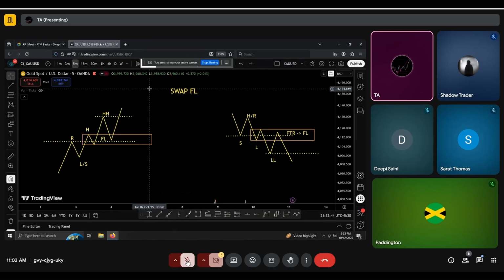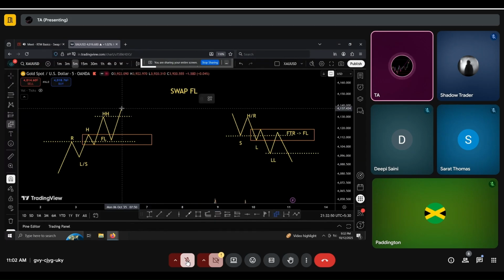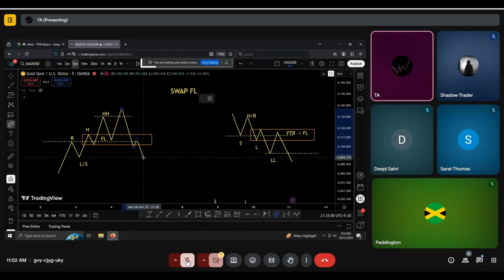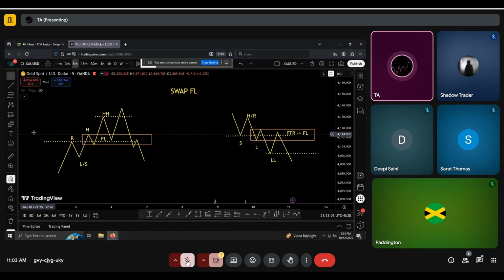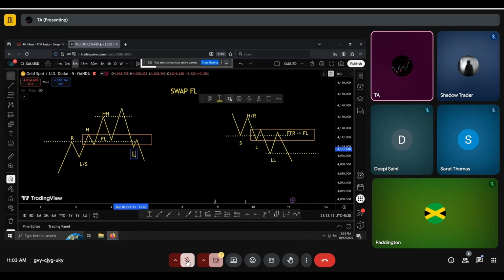Okay. So when price comes back and breaks this FL to the downside, comes here, pulls back and comes down again, right? Comes down, makes this low, breaks this FL, makes the low, and then makes a high, right?